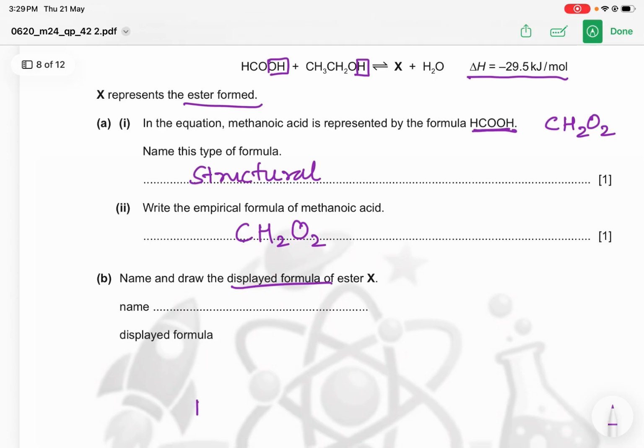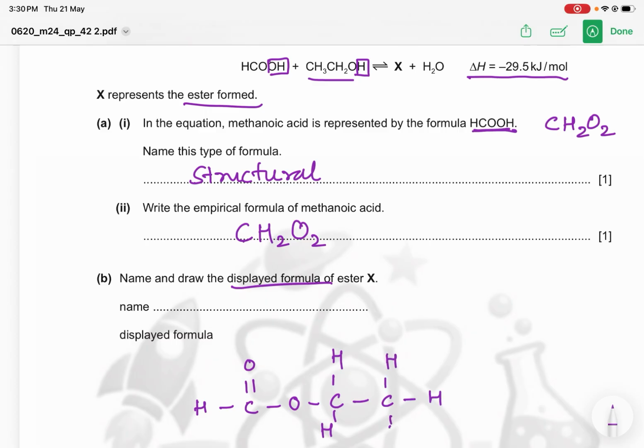So it is H. In a displayed formula, you always show all the bonds. So C double bond O. We have removed the OH. Now we have to write this CH3CH2O. I'm going to flip that and write it down. So I'll put a bond here, then O, then carbon with two hydrogens, then again a carbon with three hydrogens.